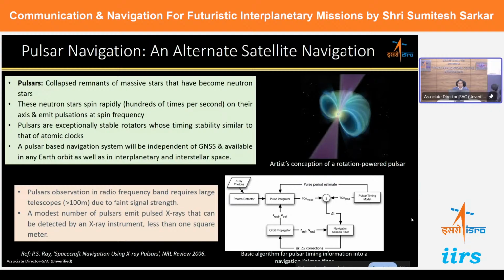And using a number of pulsars, 3 to 4 pulsars, along with ground-based observations, we can create a very good system which can give very good position accuracy in deep space. There are also other methods like delta DOR, which all depend on this kind of system.